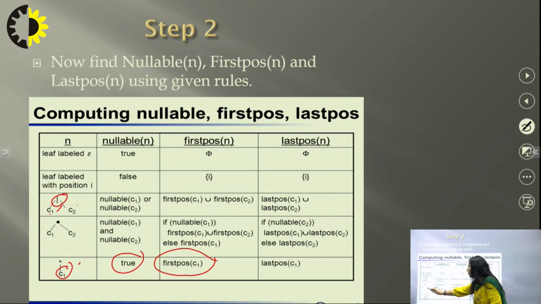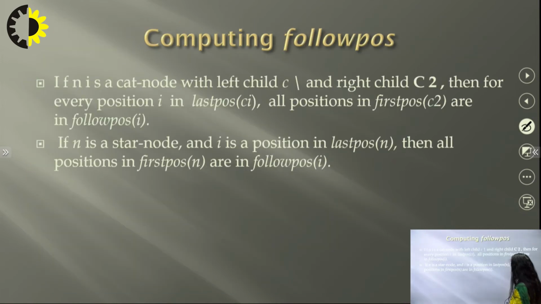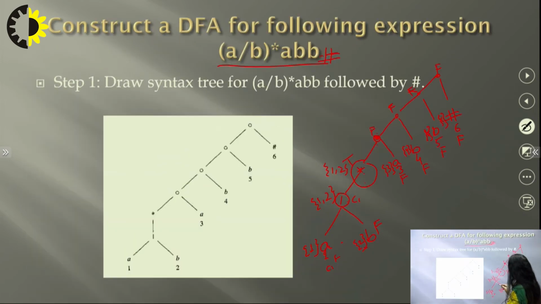For the concatenate symbol, if it has two children, C1 and C2, then we check nullable of C1. Here the star is C1 and this A is C2.